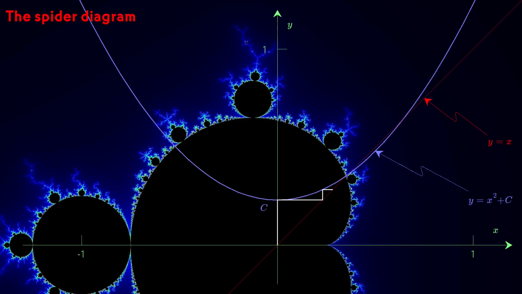From this new value of x, we can draw a vertical line to show the new value of y, and another horizontal line to the y equals x line. We can carry out this process repeatedly to see what the limiting behavior is. For this particular value of c, the process converges to a limit called a fixed point.